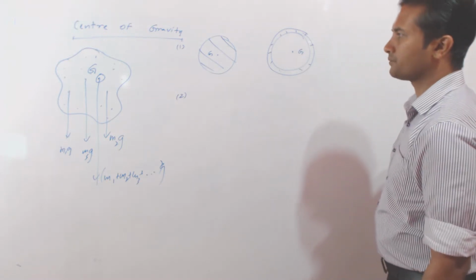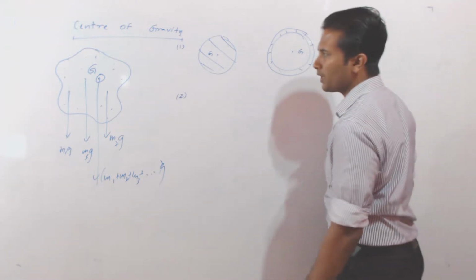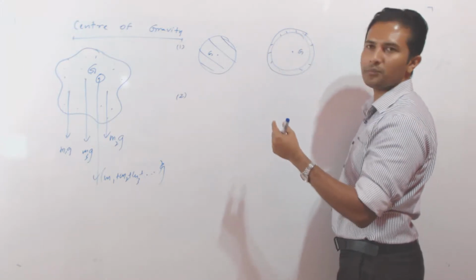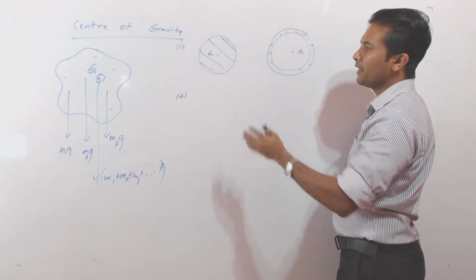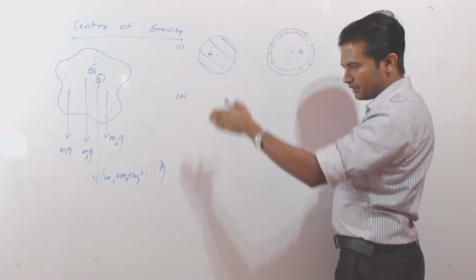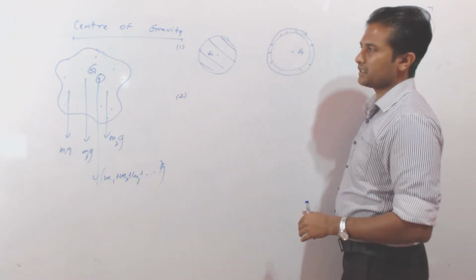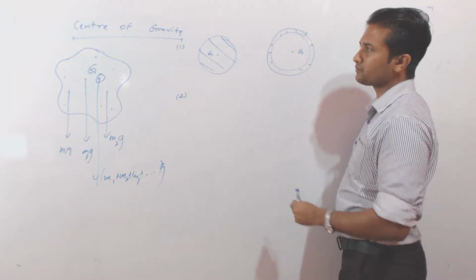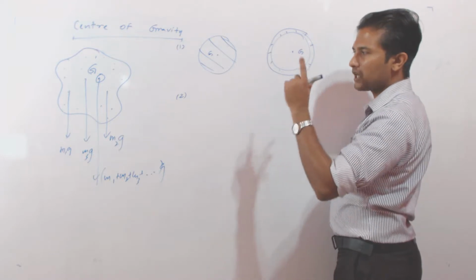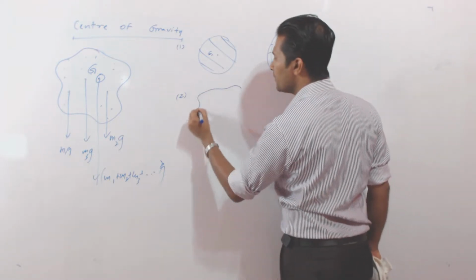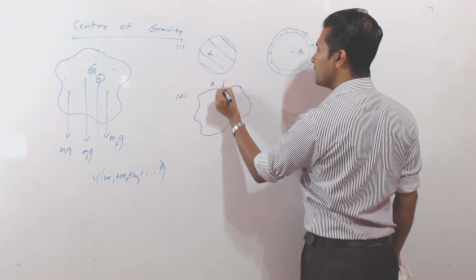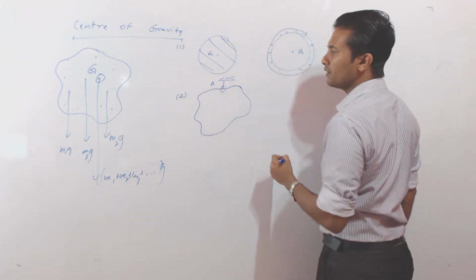The second one: when an object is hung by a particular point and you create the vertical axis through that point, the center of gravity should be along that line.